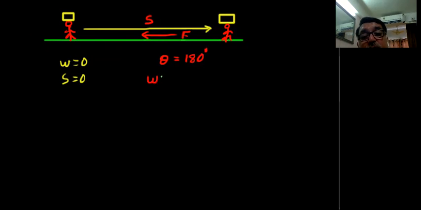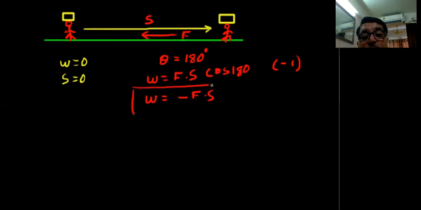So work equals F into S into cos 180 degrees. And remember, cos 180 degrees equals minus 1. So work done equals minus F into S. Now remember, the direction of the force and the direction of the displacement are opposite, so the angle between them is equal to 180 degrees.